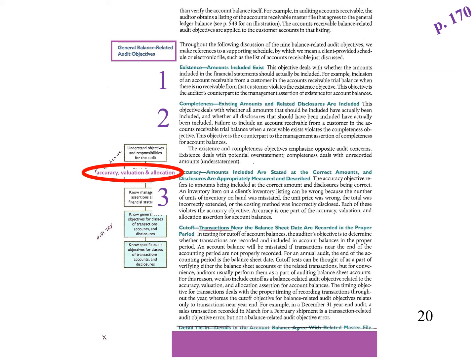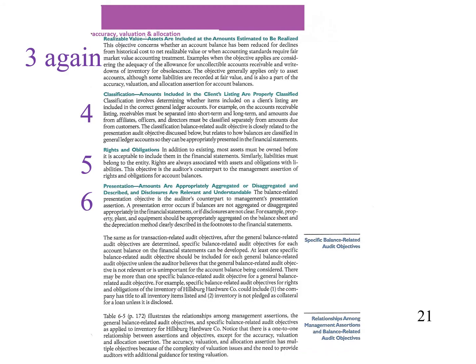So since there's an assertion for accuracy, valuation, and allocation, that's the way we're going to think of it. Cutoff, well, that's transactions. So we're not going to worry about cutoff for balance sheet accounts. We're going to worry about it for transactions. Detailed tie-in, we're not going to worry about that because that doesn't relate directly to one of the assertions. We're just going to deal with the 6 assertions.